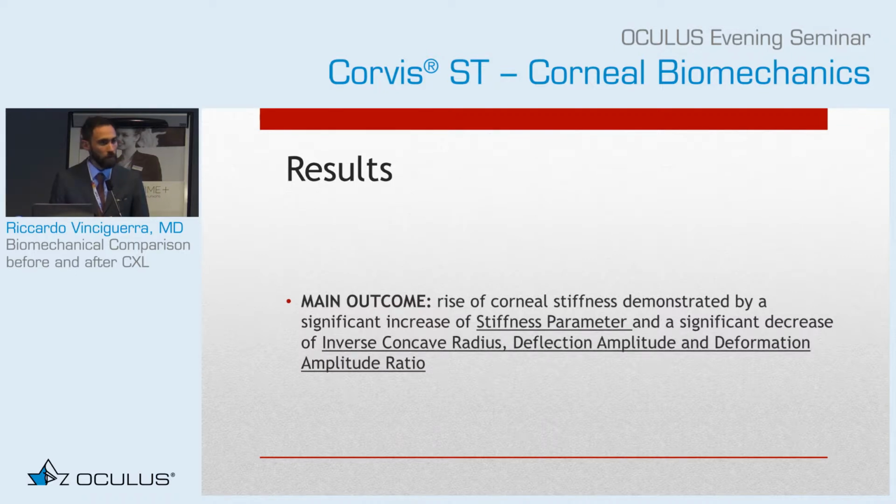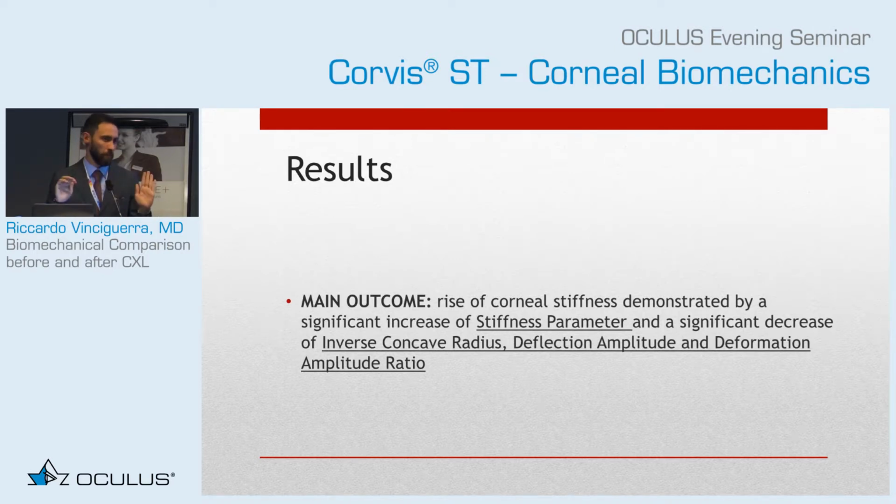The main outcome was published in the Journal of Refractive Surgery, so if you want, this is for free. You just go on the Journal of Refractive Surgery and you can download it. As Cinzia has said, the stiffness parameter goes up when the cornea is stiffer. All the other parameters go down if the cornea gets stiffer. Does it make sense? We can go through it again. Imagine that the IOP is the same.